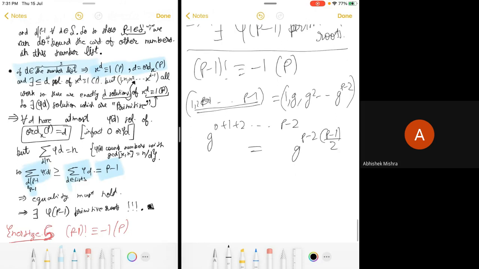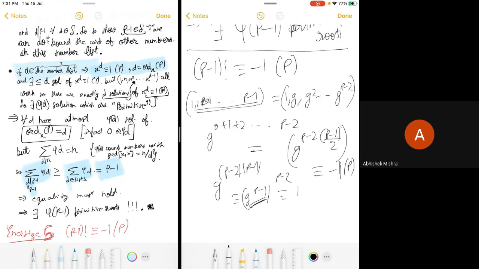Now to prove that this is congruent to minus 1 modulo p, notice that the square of this thing is congruent to 1. This is because g to the (p minus 2)(p minus 1) is g to the p minus 1 to the p minus 2, and g to the p minus 1, by Fermat's little theorem, is congruent to 1. So this is congruent to 1.